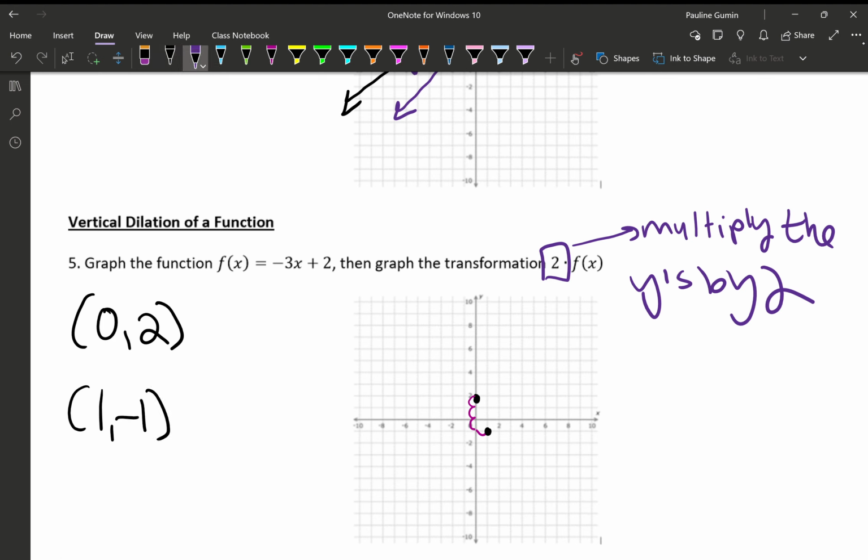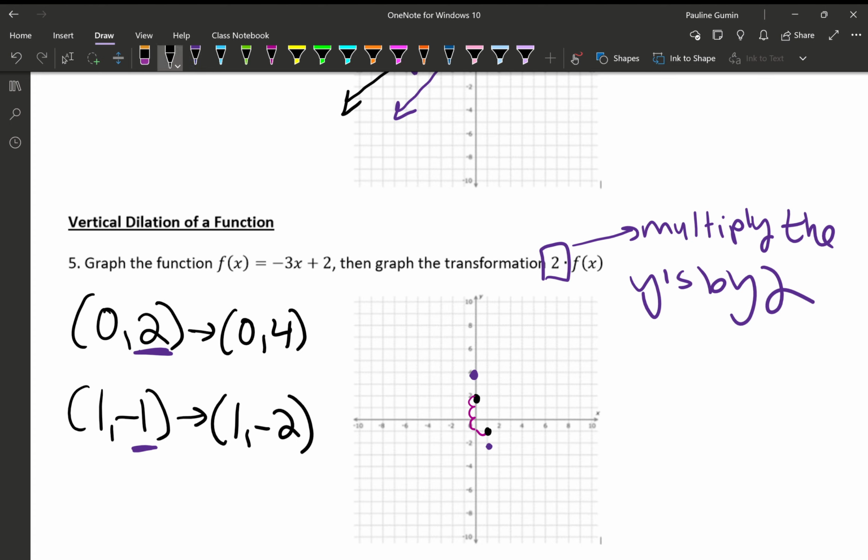Okay, just the y's are going to get multiplied by 2. So this becomes 0, 4, and 1, negative 2. All right, let's do it. I'm going to graph those two new points, 0, 4, 1, negative 2. Yes, they're going to kind of overlap weirdly, but that's okay.